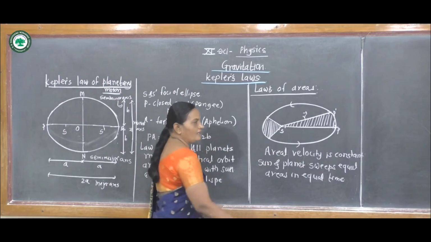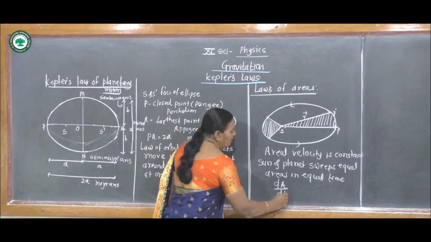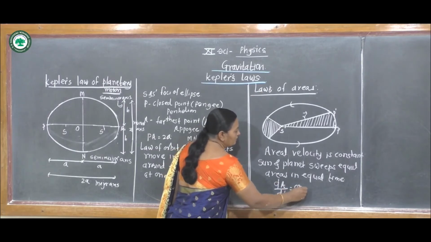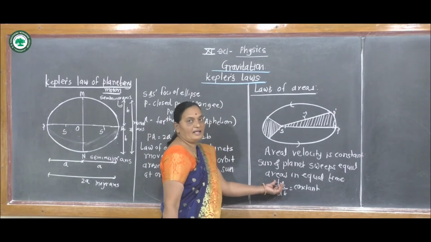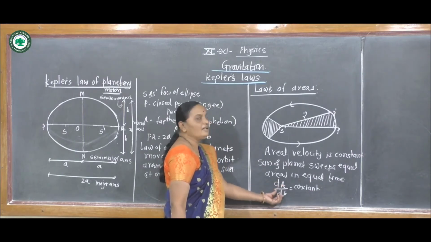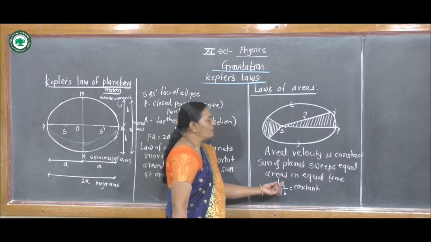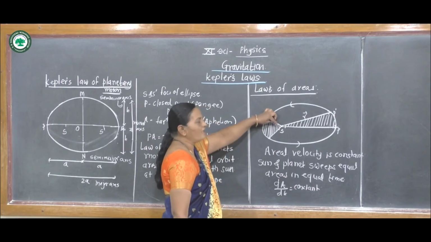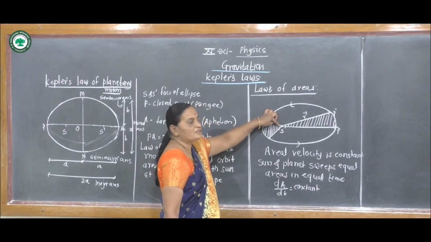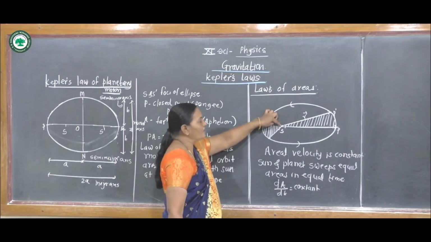In this case the areal velocity is dA by dt, equal to a constant. Here dA is the change in area and dt is the change in time. This dA by dt is called the areal velocity and it is constant. See, the sun is situated here, at one focus of the ellipse.